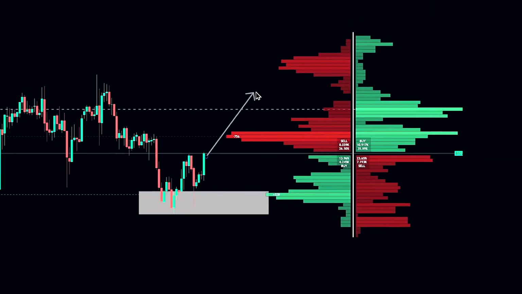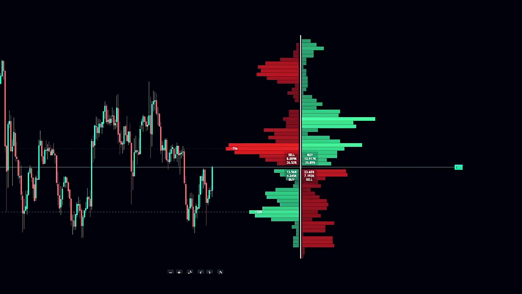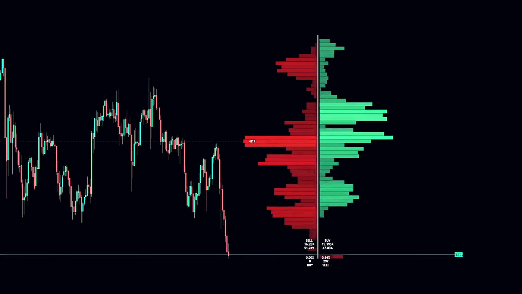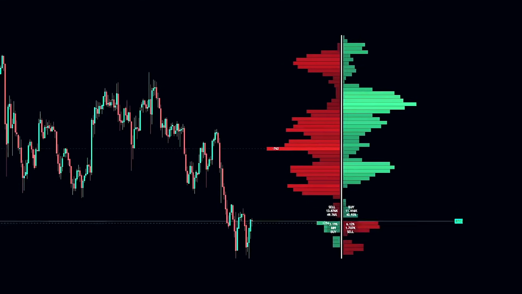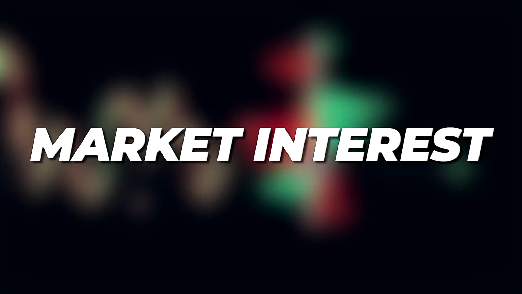You might be wondering, why use 4 quadrants instead of a traditional single volume profile? The reason is simple. By separating bullish and bearish volume both above and below price, this indicator makes it much easier to see where real market interest is actually concentrated.